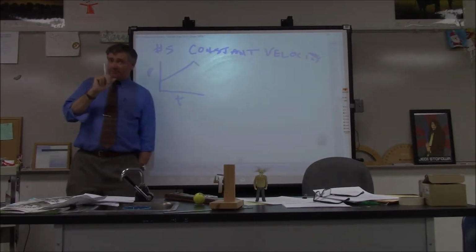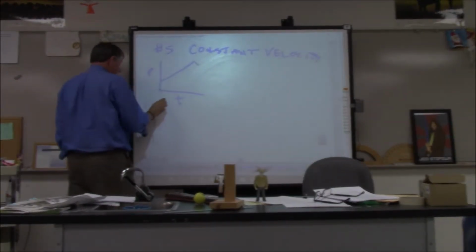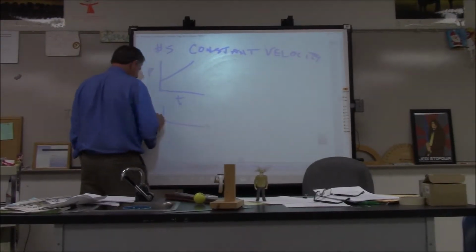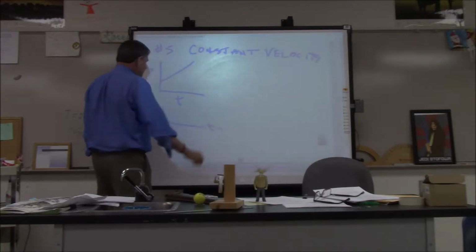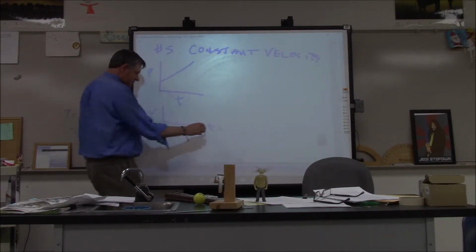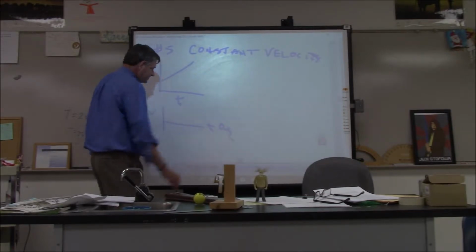That's a straight line. So Matt, if this is a position time graph with a straight sloping line, how is that going to show up on a velocity time graph? And that's 0 meters per second right there.